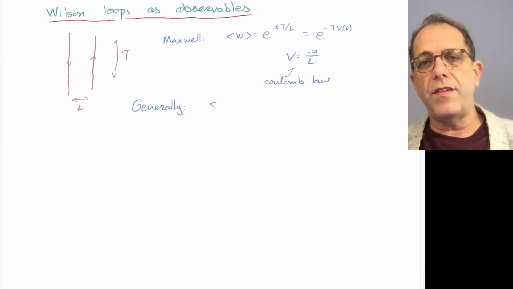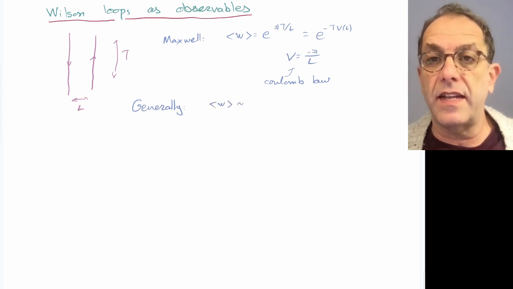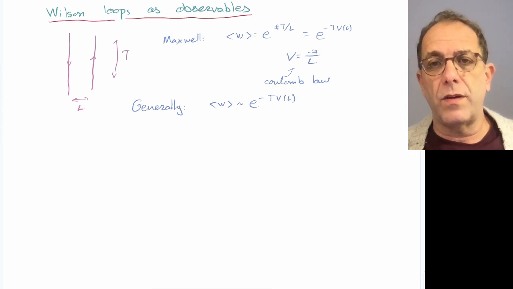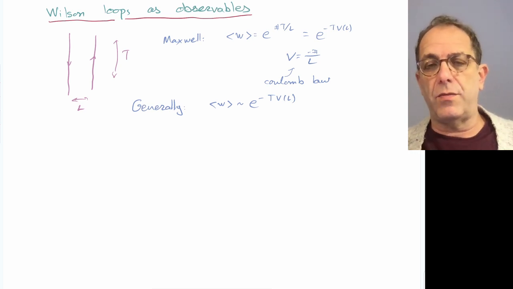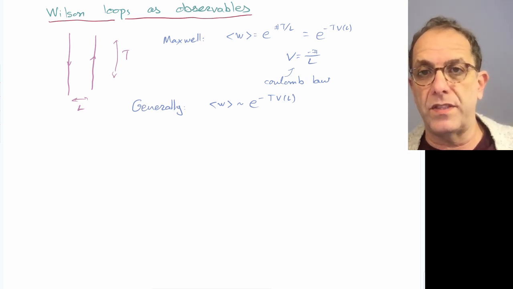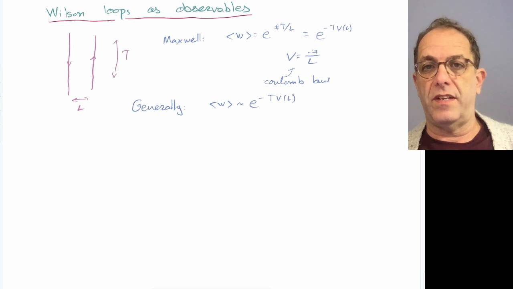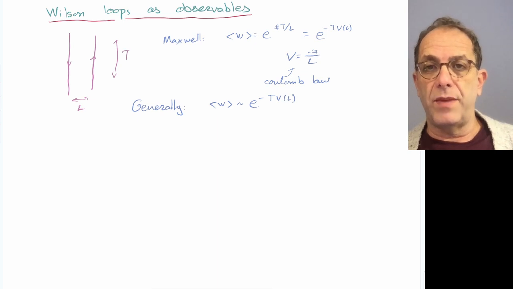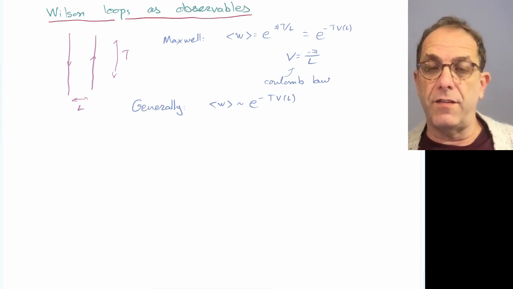Now this behavior that is extensive in T is expected to be valid for any theory, and it always will calculate the effective potential between the charged particles represented here by the Wilson loops. So we always will have a potential V of L. And there are three standard behaviors. There is the Coulomb behavior we found before.